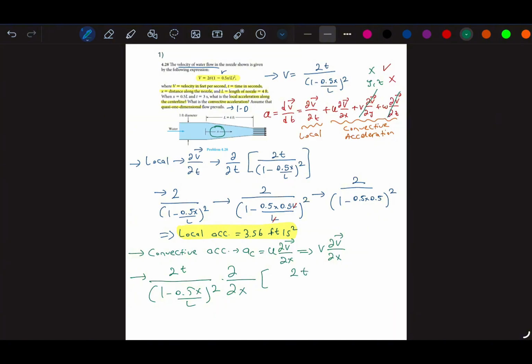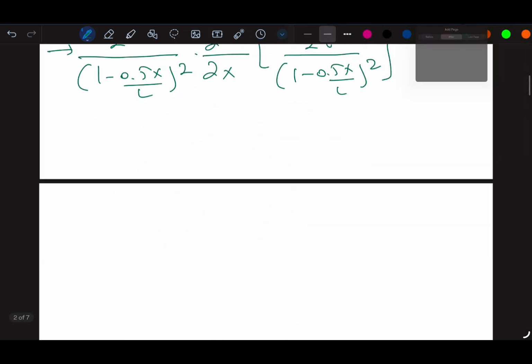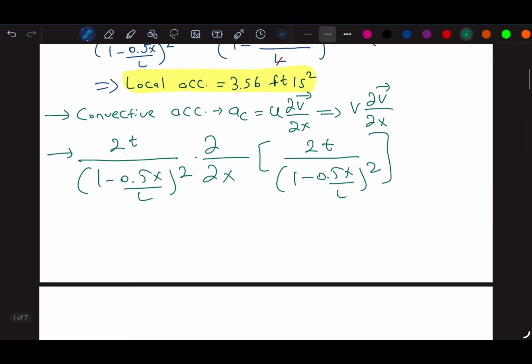So we have 2t over (1 minus 0.5x over L) squared. This time the calculations are more complicated because we need to take the derivative for x.